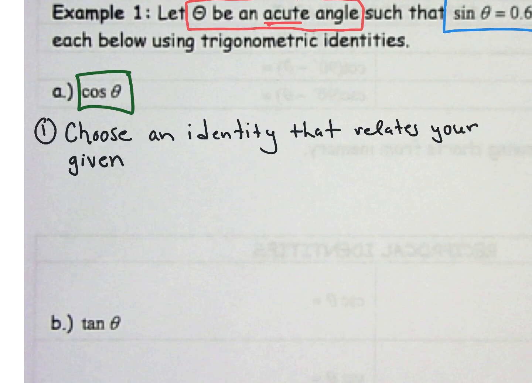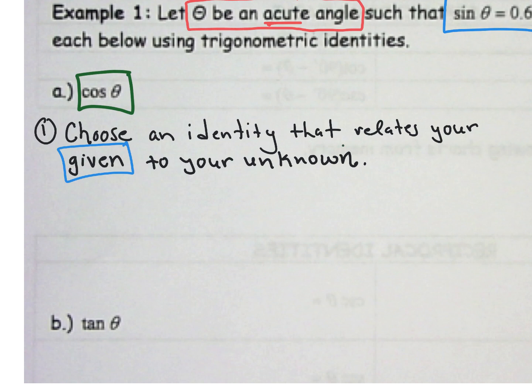So in this case, our given is just up there in the top right corner. It's that sine of theta is 0.6. So we choose an identity that relates your given to your unknown.